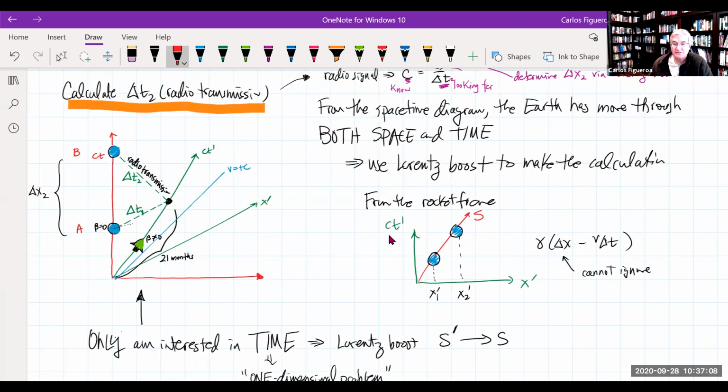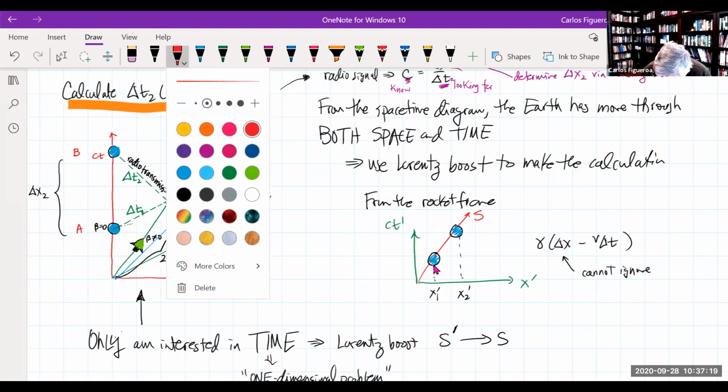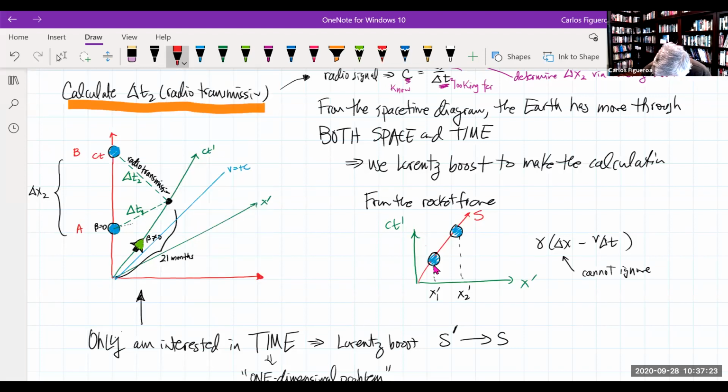Relative to this CT prime frame, there's a change in distance between the Earth at this point, right? This is the point A that I'm talking about.